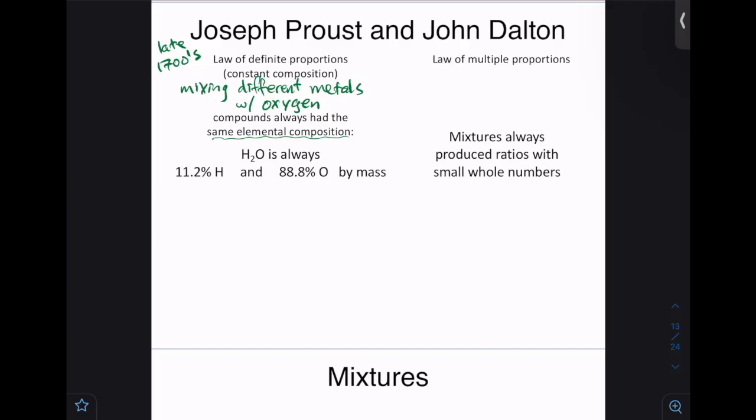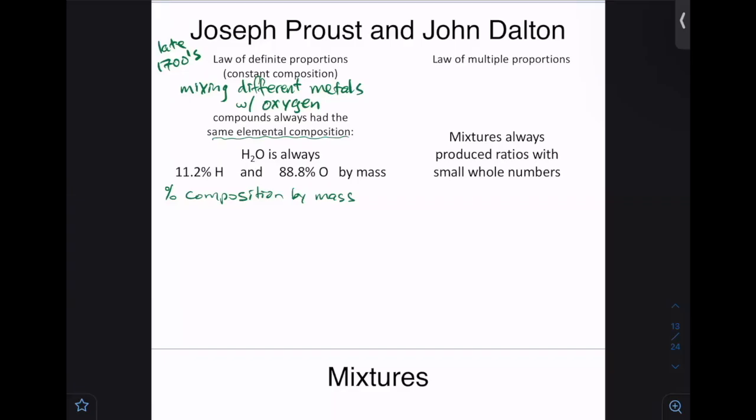So we'll actually be doing percent mass composition later on in chapter 7, and you'll be doing a lab experiment on percent composition. So this is percent composition by mass. And it was pretty powerful at the time.